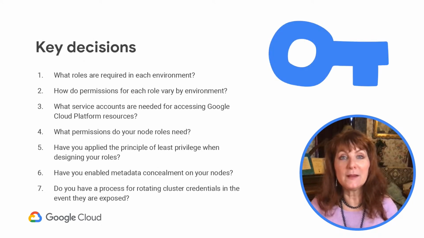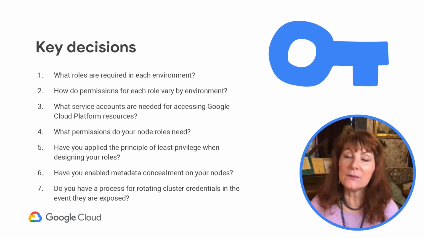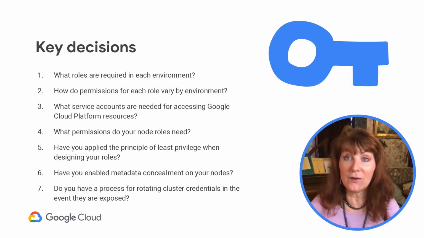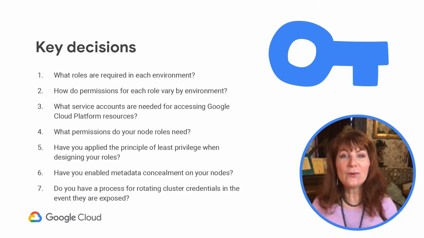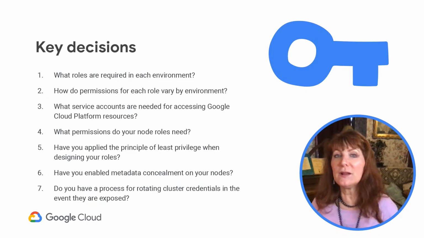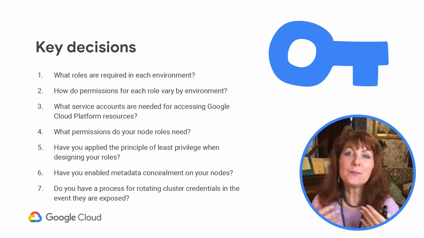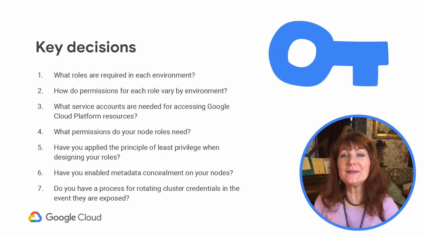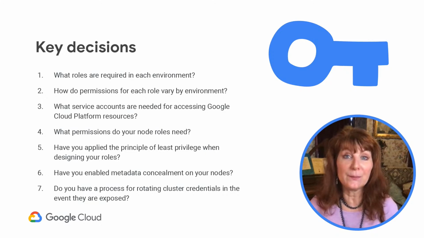So, speaking of security, let's talk about some key decisions in assigning things like permissions and roles. First and foremost, what roles are required in each environment? Remember, generally you'll need fewer roles in development. Why? Because permissions could be defined more coarsely and role responsibilities could overlap because of the job that developers do.